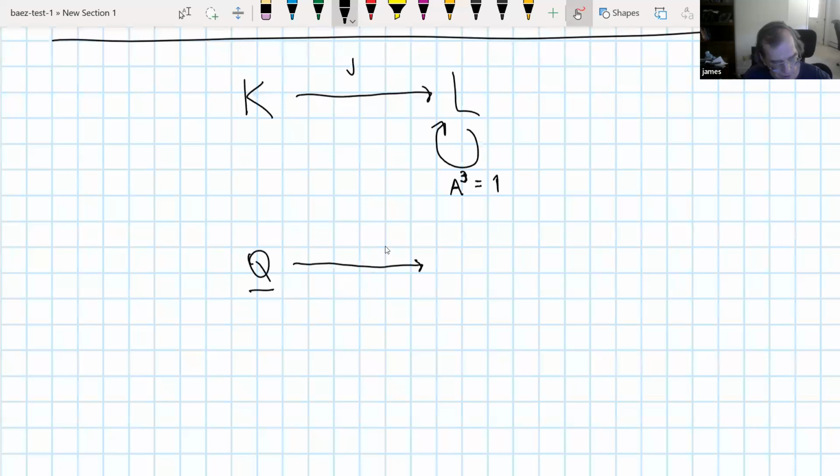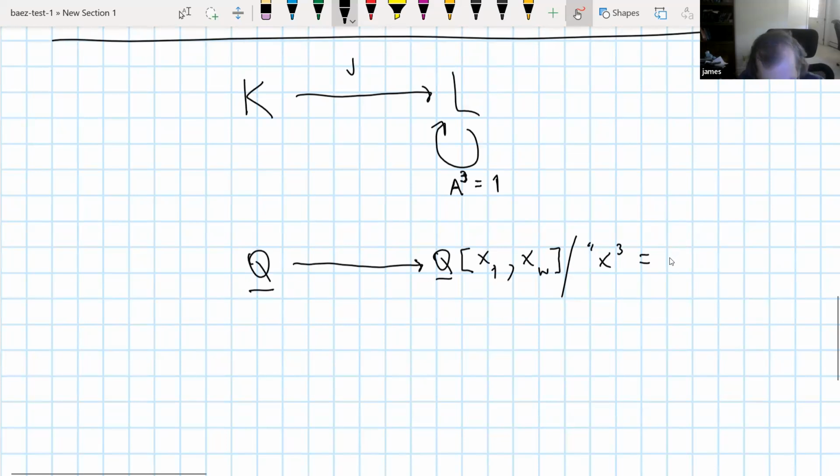okay. So I have Q adjoin X sub 1. Okay, I'm going to join these two variables, X sub 1 and X sub W. And then I put in a relator here, and it says that X cubed is equal to, well, I was going to say 1 to the power of 1/3, meaning a primitive cube root of unity.